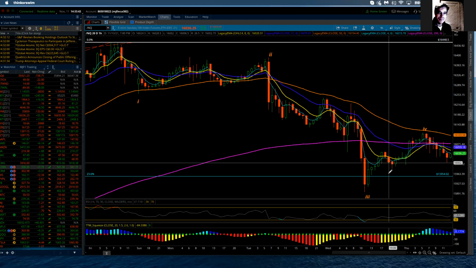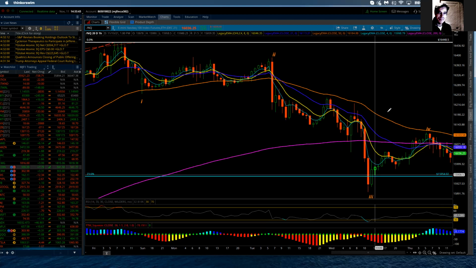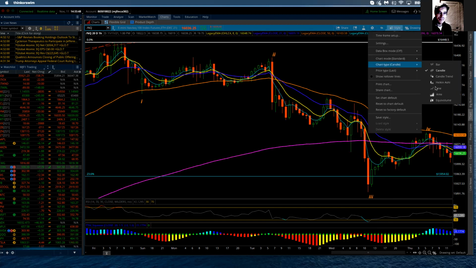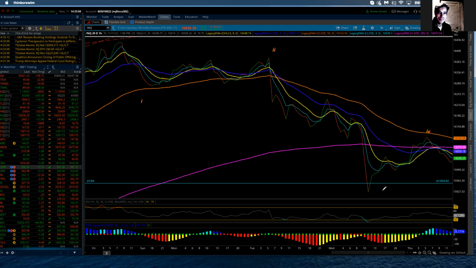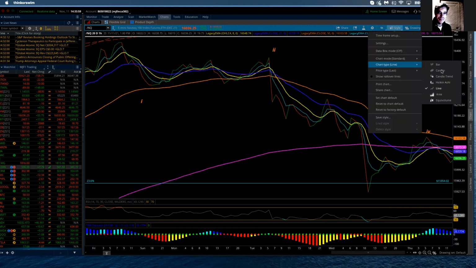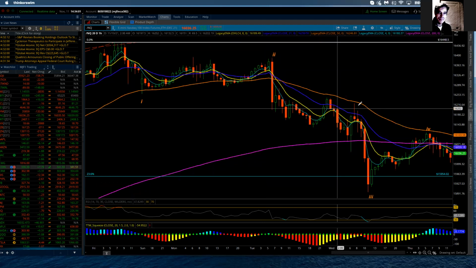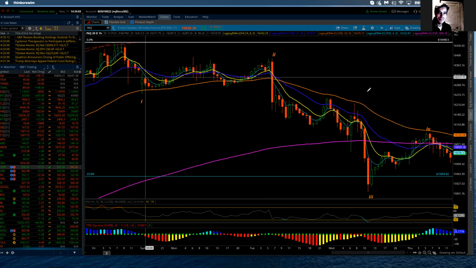So in any case, I just want to give a little bit of reasoning to the count. I go to the line chart again. The line chart does not show the extremes, the tails that we get.